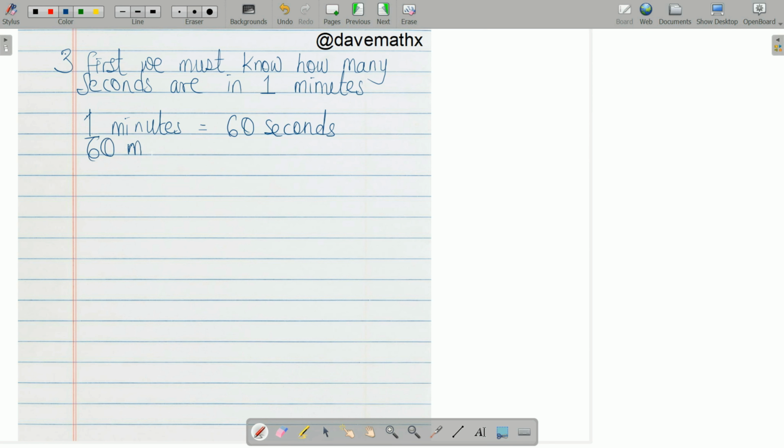Since 1 minute is made up of 60 seconds, we can represent 60 minutes as an unknown, denoted by the letter X.